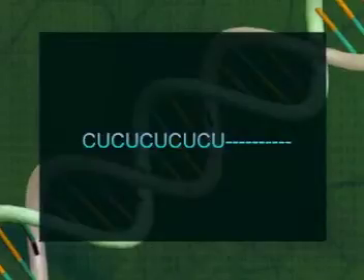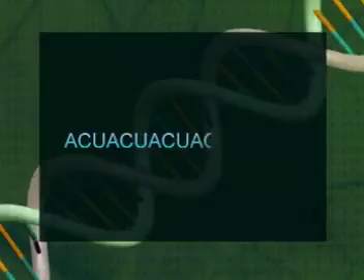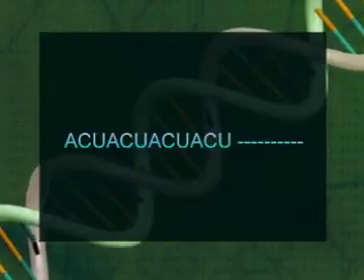In a similar manner, if ACU are three bases, they will be present repeatedly as follows: ACU, ACU, ACU, and so on. Such copolymers will direct the incorporation of amino acids in a manner which can be theoretically predicted.